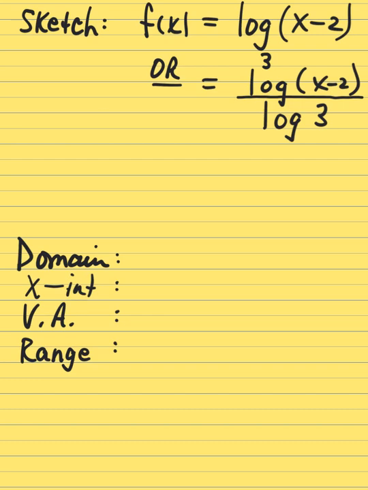Now once you graph this function, you will see that the vertical asymptote gets moved around.